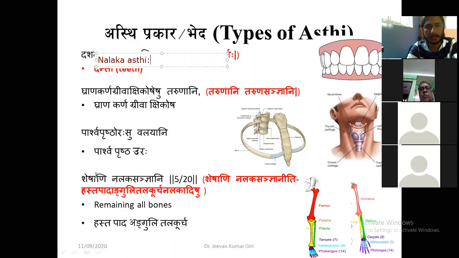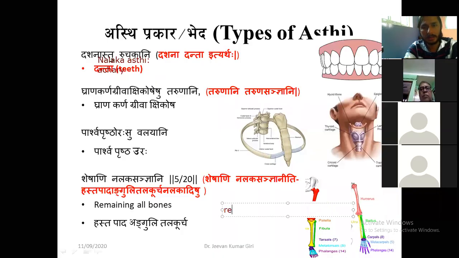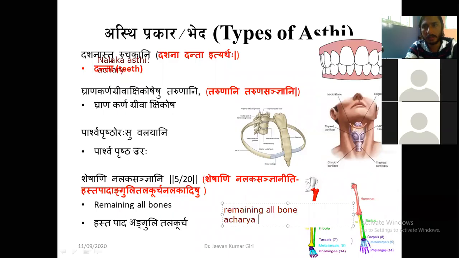For the explanation of this Seshani, Nalaka, Sangyani, Acharya Dalhana has told that Nalaka is all the remaining bones. So all the remaining bones are the Nalaka Asti. Now see what Acharya Dalhana has told.